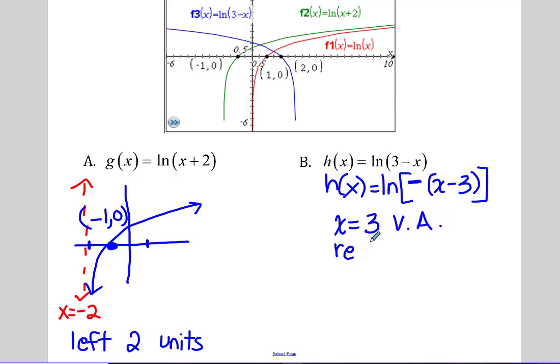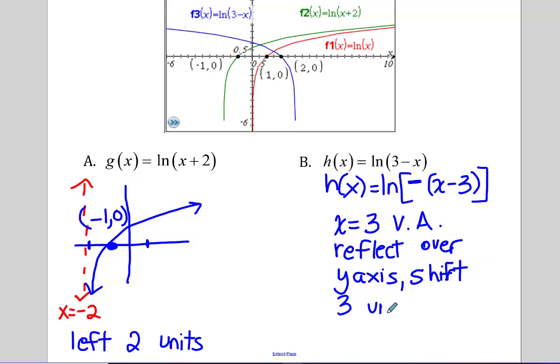So the graph is reflected over the y-axis and shifted 3 units to the right.